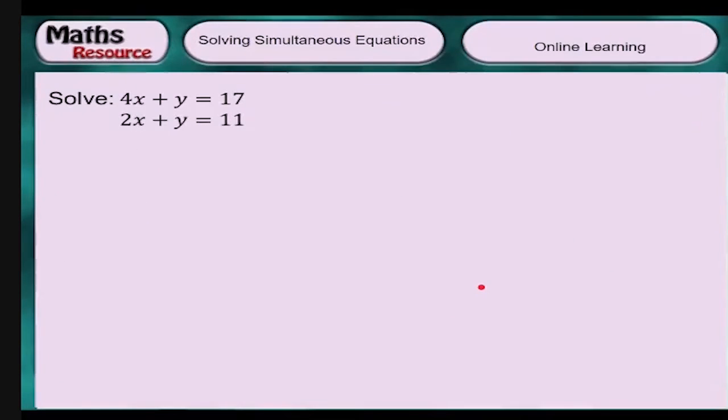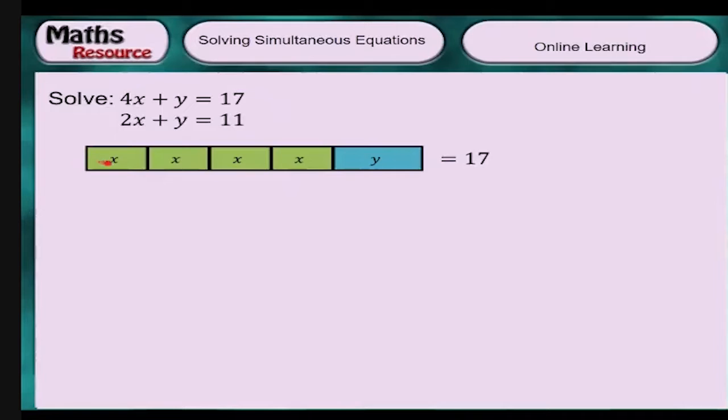Solve. 4x plus y equals 17. 2x plus y equals 11. Now this looks completely different to this little bar thing we did. But if we prefer that visual representation, we can create little bars for ourselves, can't we? So I've got 4 x's and 1 y that equals 17.